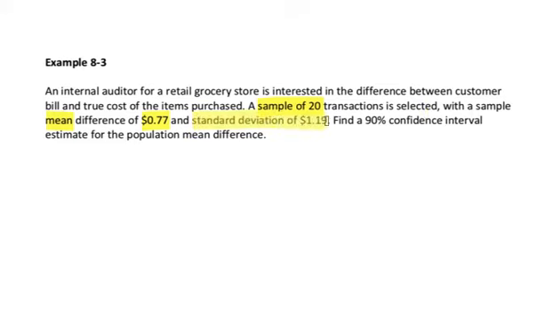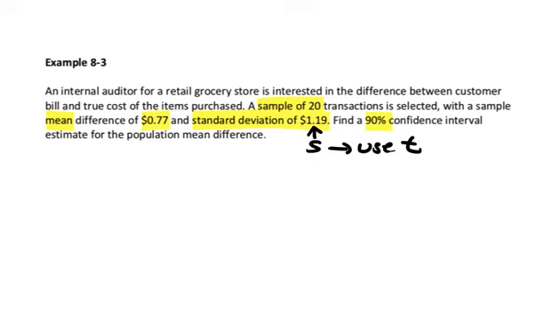Now it doesn't say the word population or sample, but because the sample here of 20 is describing both the sample mean and the standard deviation, that's a pretty big clue that this is a sample standard deviation. So if it's a sample standard deviation, we're going to use T. And we want to find a 90% confidence interval estimate.